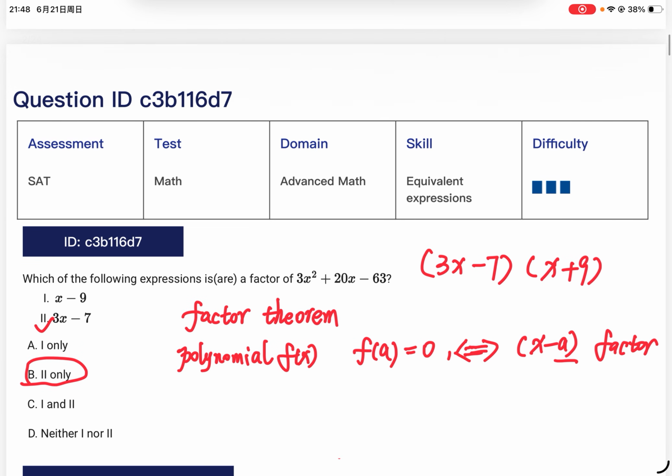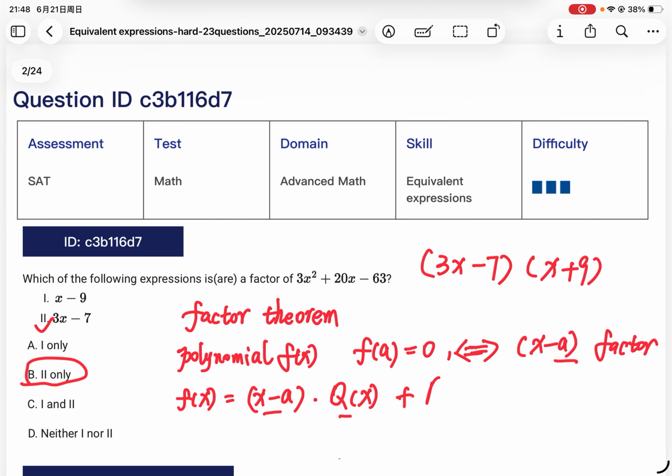Let's say we're given a polynomial f(x) and we divide it by x minus a. We write it as x minus a times our quotient, then plus our remainder.